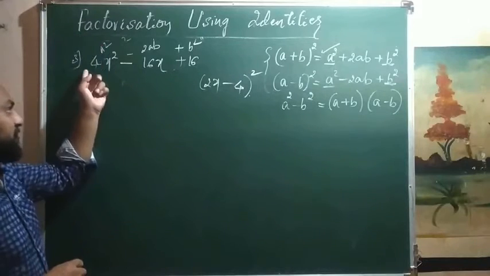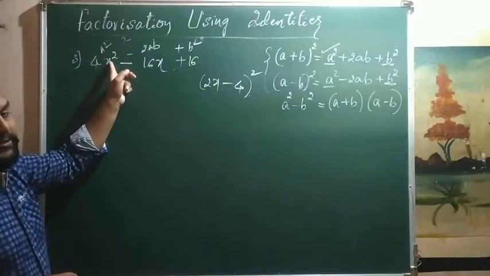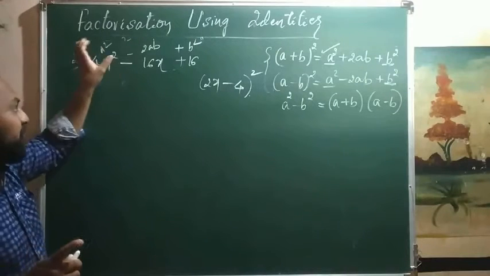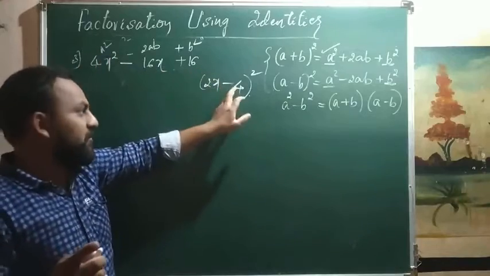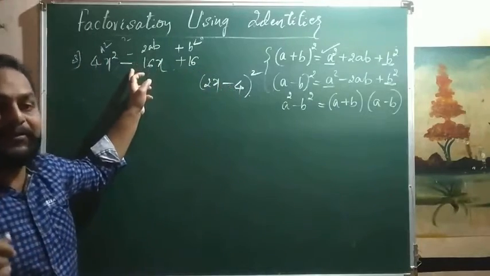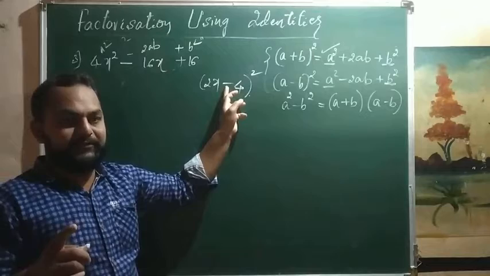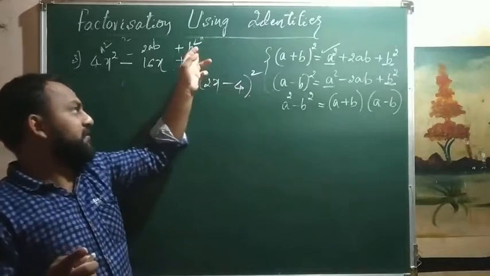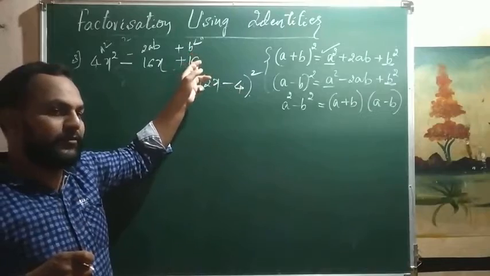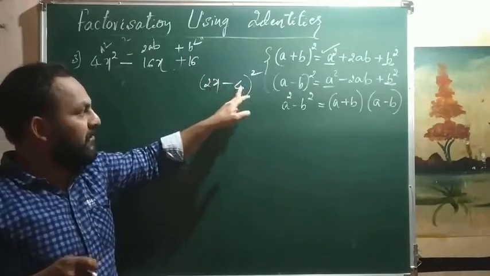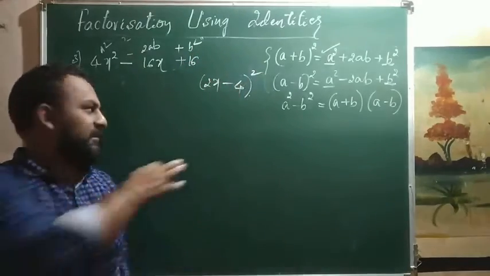The square root of 4 is 2 and the square root of x square is x, which means 2x. a is 2x. The sign of the middle term is negative, so here a minus b whole square. b is the square root of the last term, the square root of 16 is 4. a minus b whole square. Simple. This is the answer.